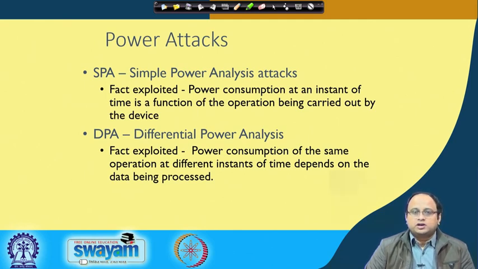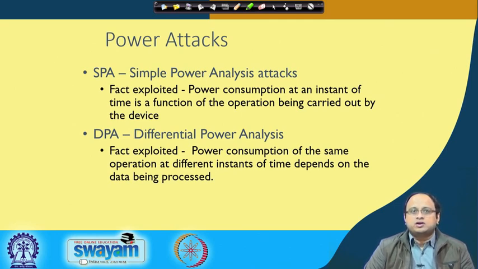So if you have a very accurate measurement of power consumption, you would have an idea about which operations are taking place, and therefore you know the execution path of your program. And if your execution path depends upon some secrets, then the secret can trivially leak. That is the idea of simple power attacks.